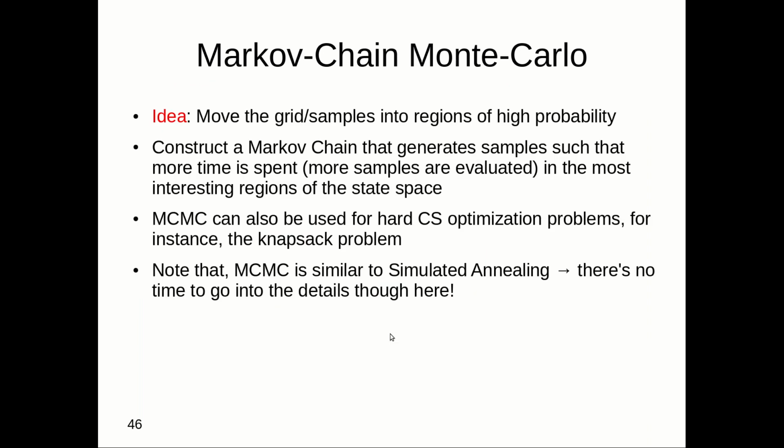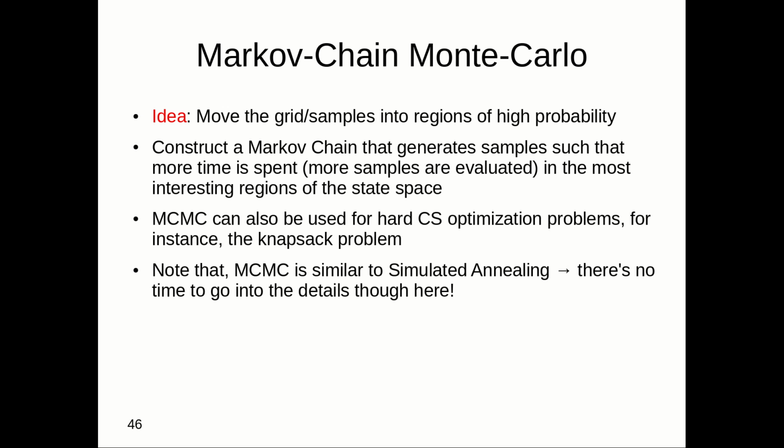Okay, so the main idea of Markov chain Monte Carlo methods is to steer the grid or the samples into regions of high probability. The way we do that is that we construct a Markov chain that generates samples such that more time is spent, so more samples are evaluated or drawn, in the most interesting regions of the state space.